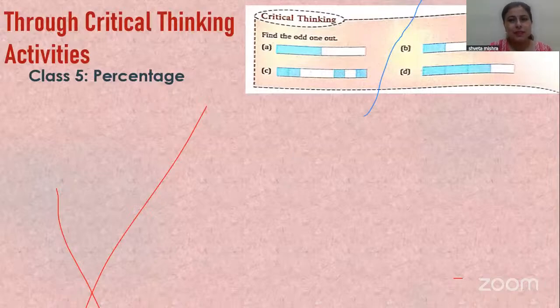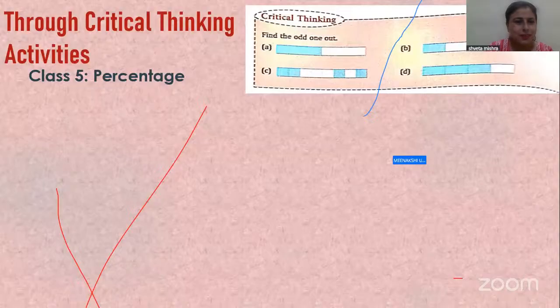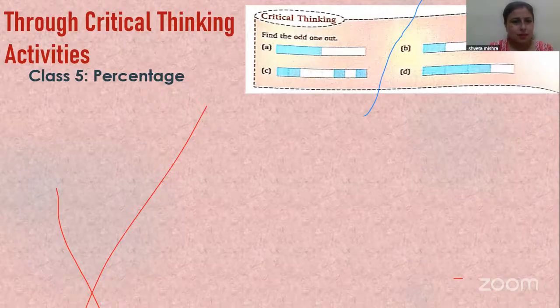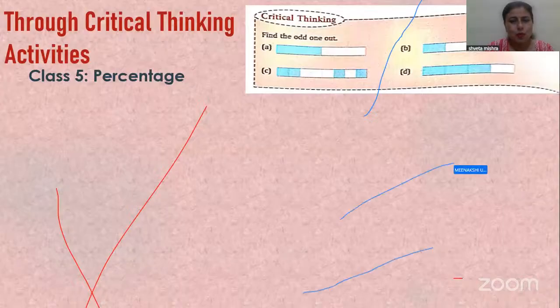Now D, why D? Why not C? Yeah, very nice. Teachers are participating, very nice. But why D? Why not C?